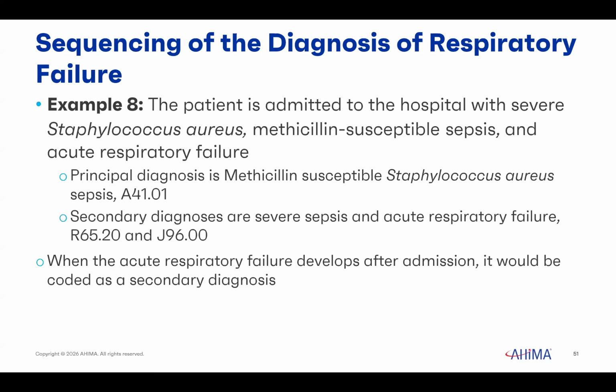The secondary diagnosis must be the severe sepsis, for those guidelines we covered in the infectious disease chapter. There's no septic shock, so it would be R65.20. And then J96.00 for the acute respiratory failure.